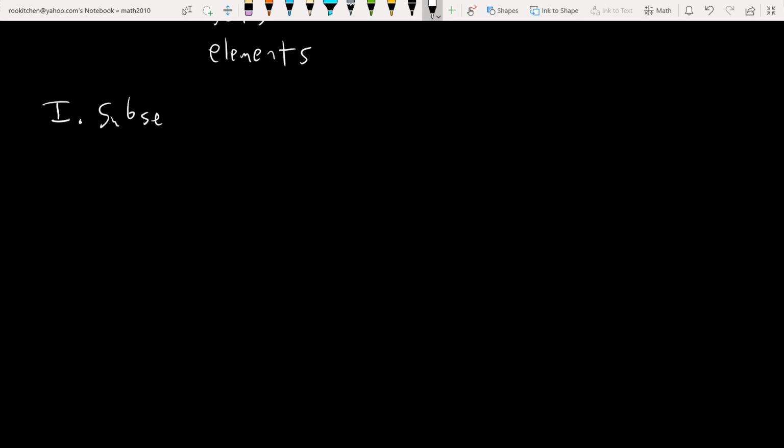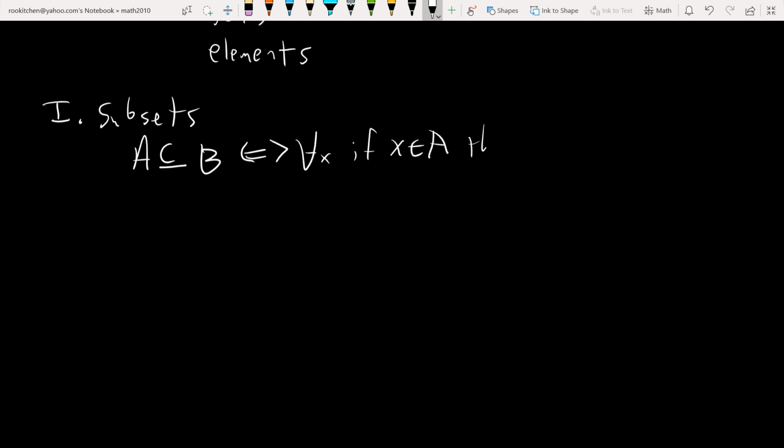First, we'll start with subsets, and we have some definitions, right? So A is a subset of B if and only if for all x, if x is in A, then x is in B, right? They're not going to define a symbol for proper subsets. They're just going to include the proper subsets in that definition.